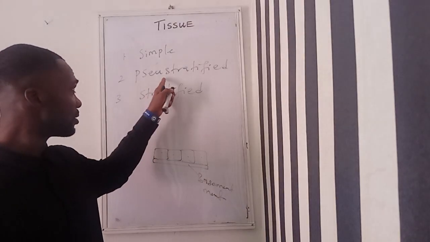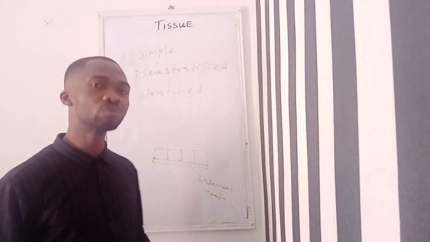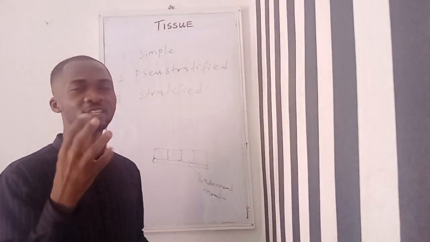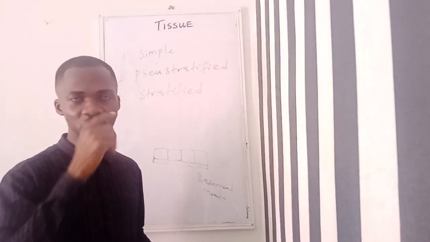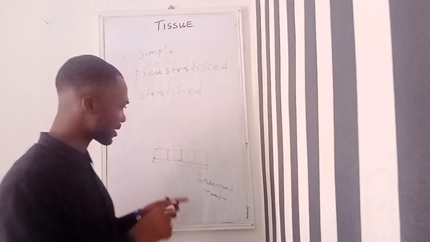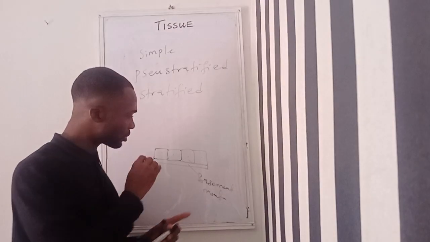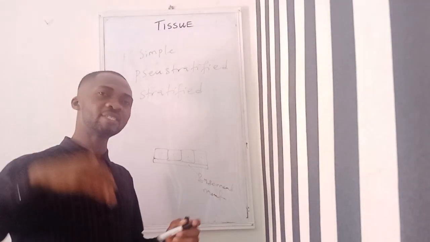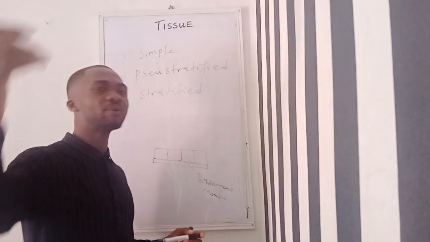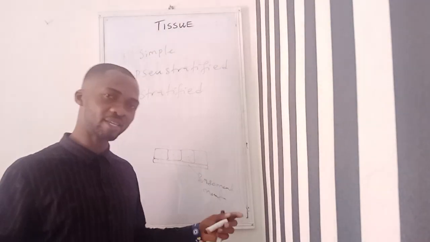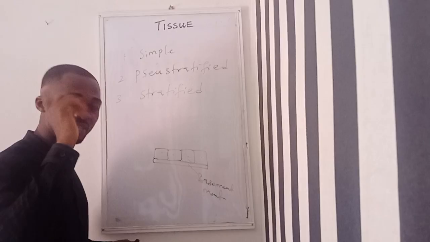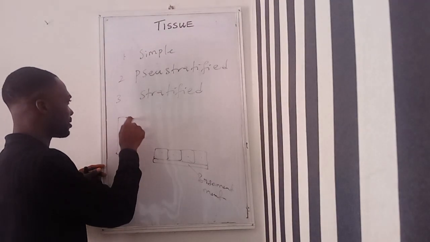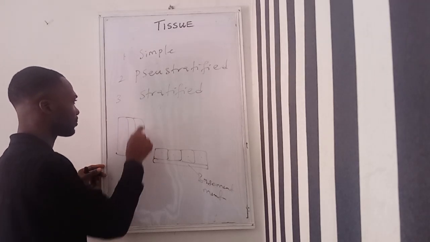Then the second one is pseudostratified epithelia. As the name implies, the word pseudo means false. In essence, it looks like epithelial cells that are more than one cell thick, multi-layered, but it is still a single layer of cells.